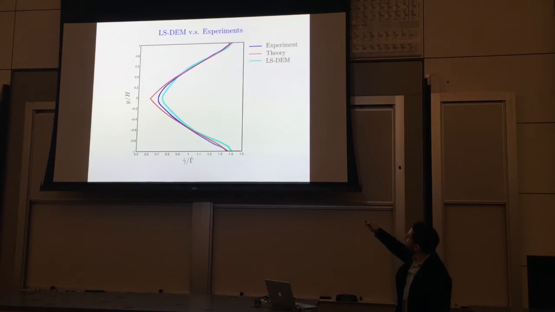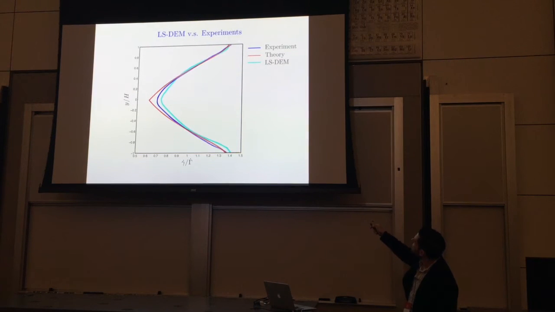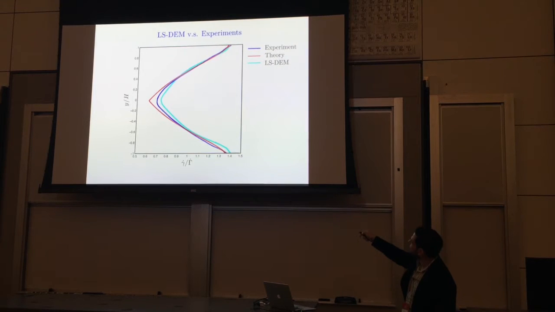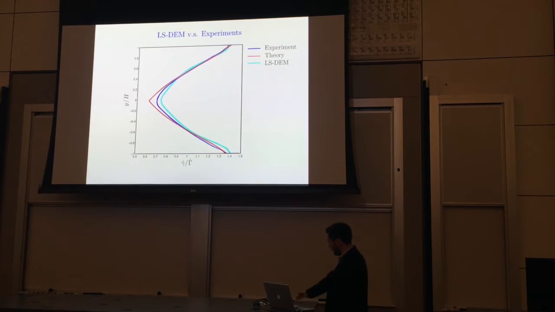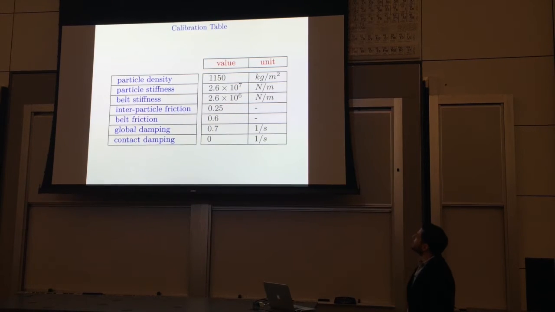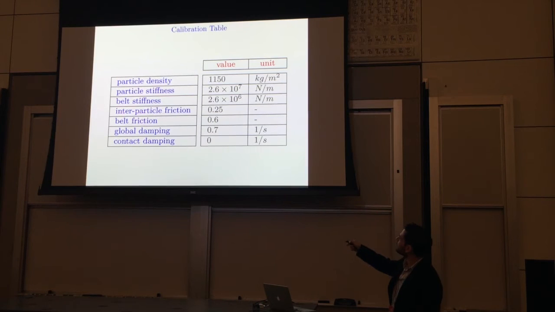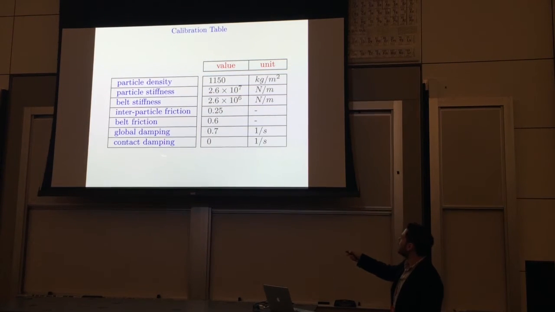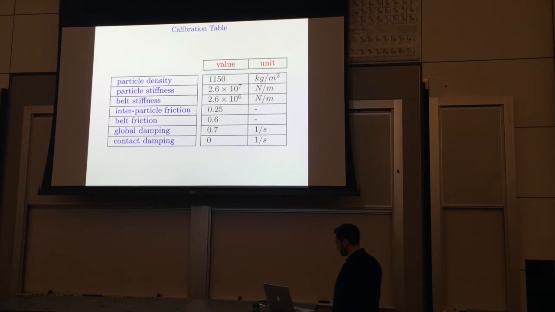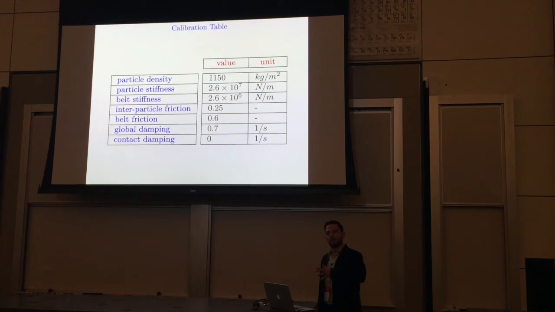The blue one is the experiment, and the cyan one is what we got after calibration. Here are the parameters we use once calibrated: particle density, particle stiffness, interparticle friction, global damping, and no contact damping. So we have calibrated the method with respect to a real experiment.